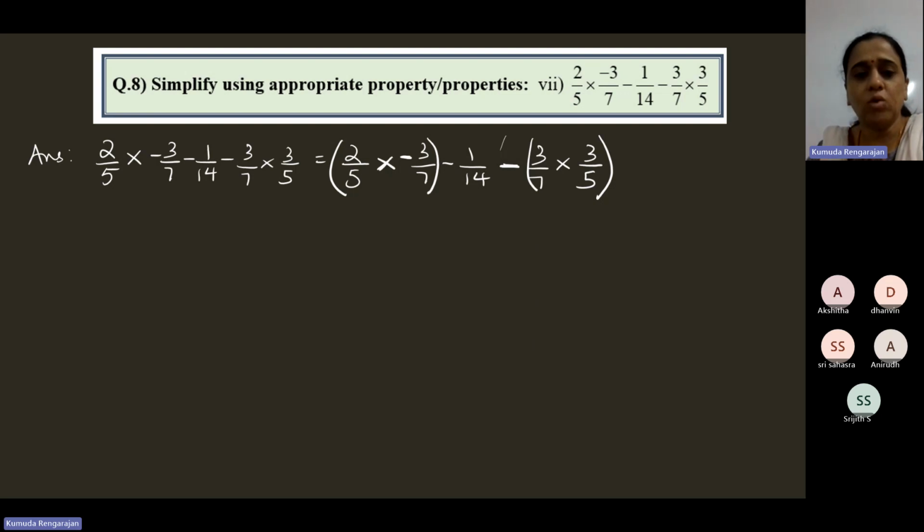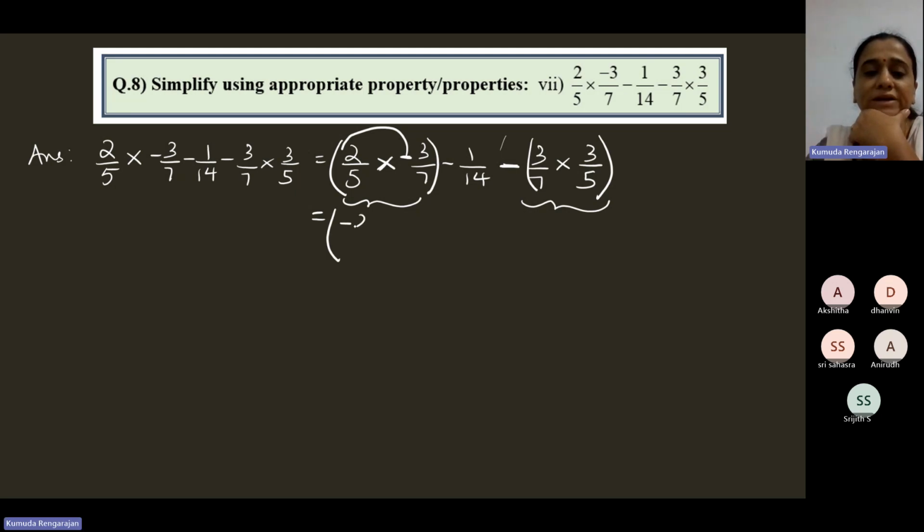Now what you see here is in these two brackets, we have 3/7 common. But this is minus 3/7. This is plus 3/7. I want to take out common 3/7, but this is minus 3/7. This is plus 3/7. So what you can do is you can put this minus sign here.